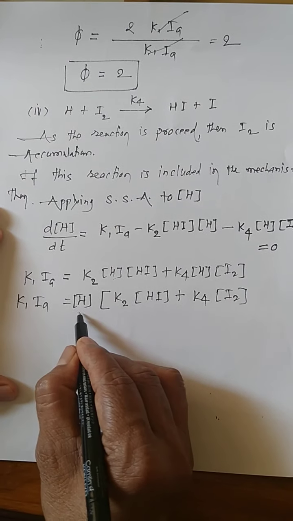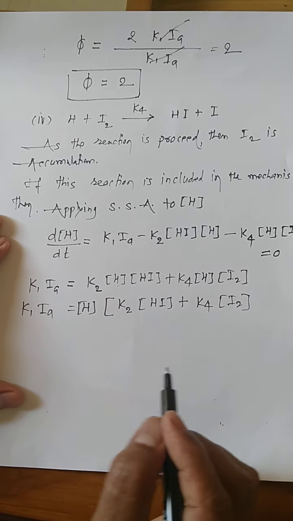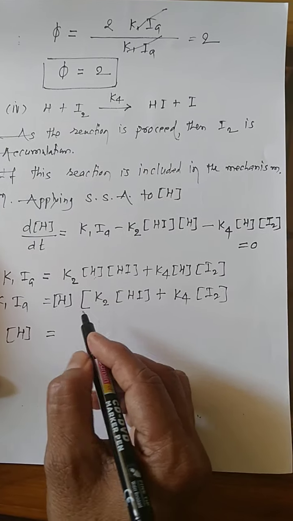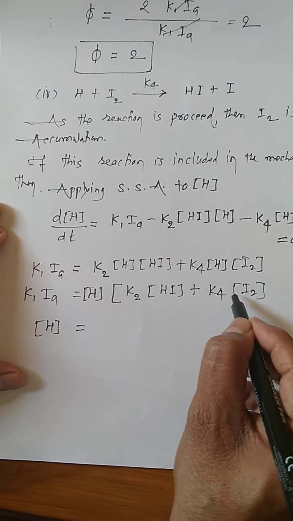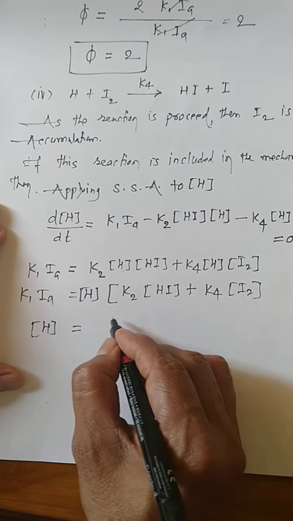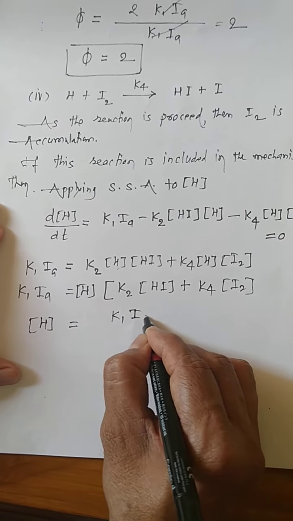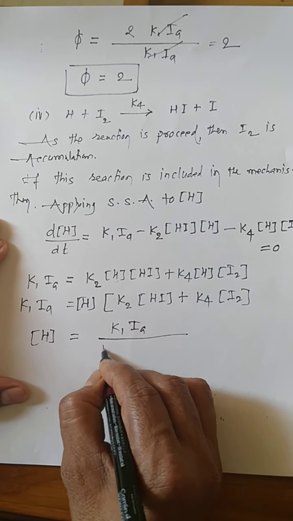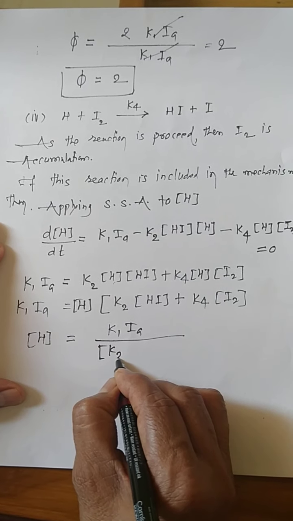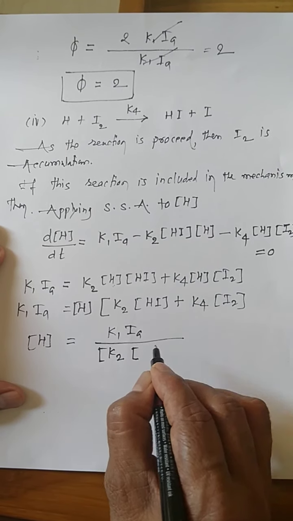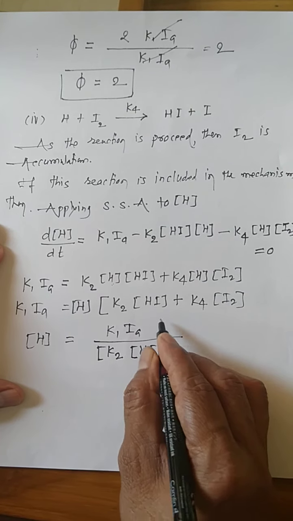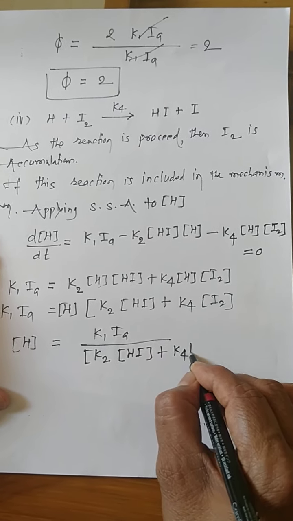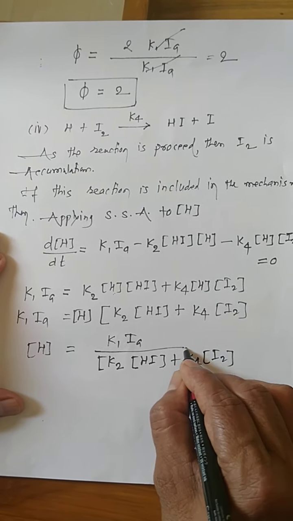Now the value of concentration of H is equal to K1 IA divided by K2 concentration of HI plus K4 into concentration of I2.